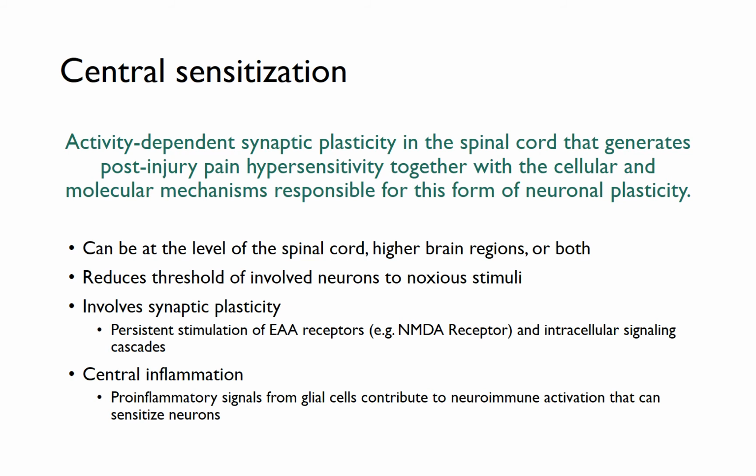This particularly involves what we call central inflammation, meaning that there are pro-inflammatory signals released by immune cells in the brain or the spinal cord, in this case from glial cells, that contribute to activation of the neurons in such a way that they become sensitized. So that's central sensitization in a nutshell. Next we'll look at peripheral sensitization.